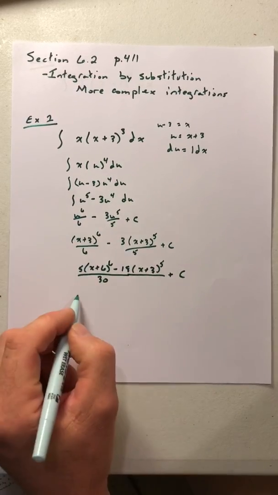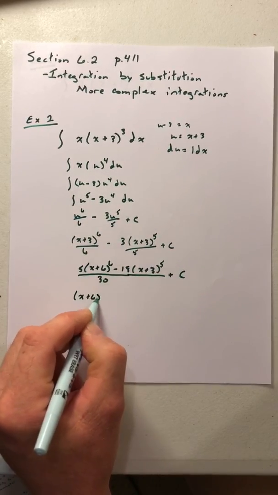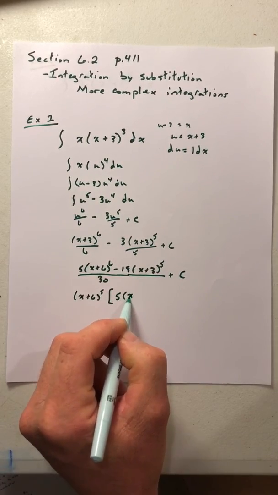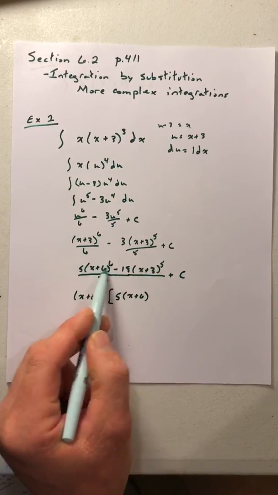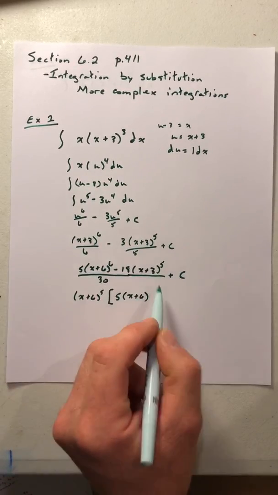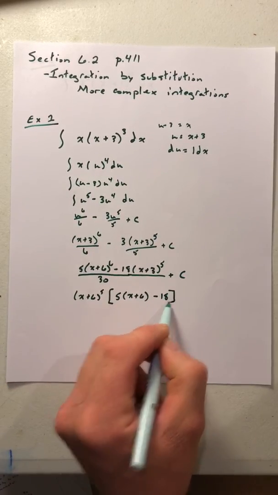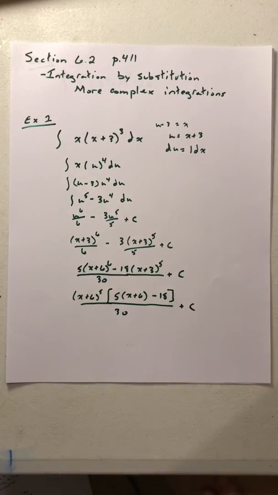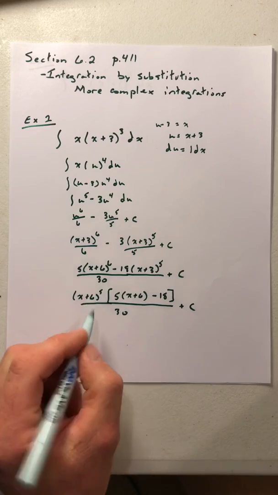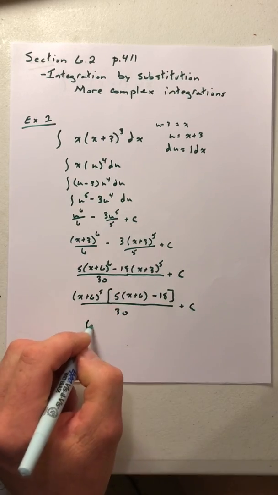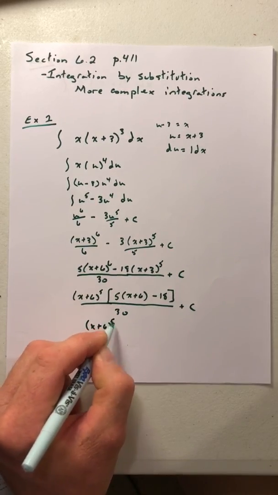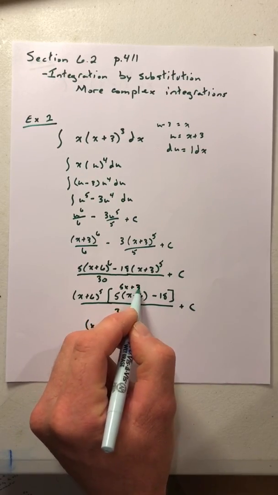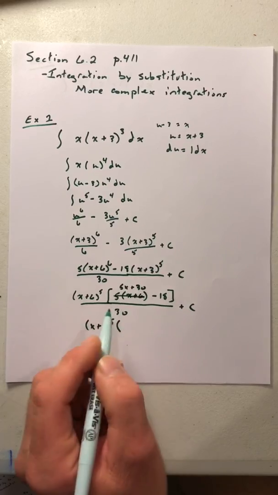I can factor an x plus 3 to the fifth out, and we're left with 5 times x plus 3, since we had 6 of them here and taking 5 out leaves 1, minus 18, all over 30. Again, plus c is on the outside. Cleaning up inside those brackets, we multiply this 5 through, so we get 5x plus 15, then minus our 18.